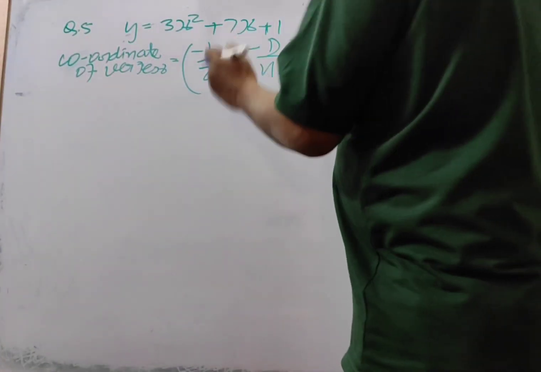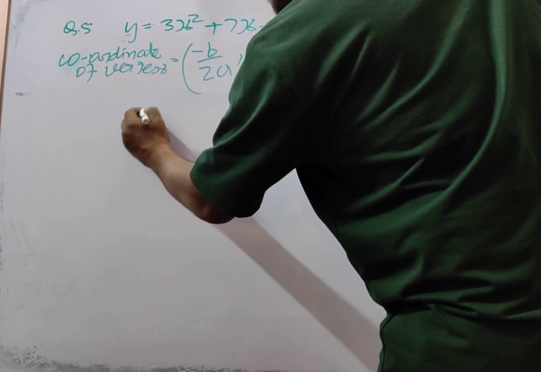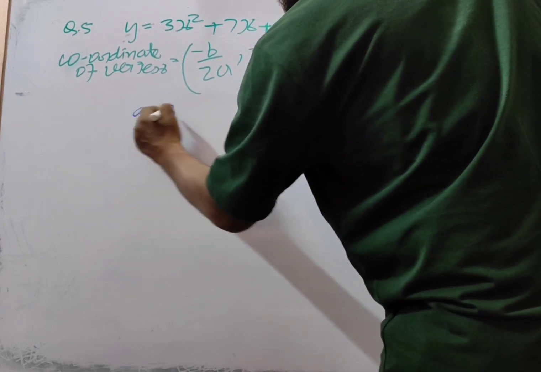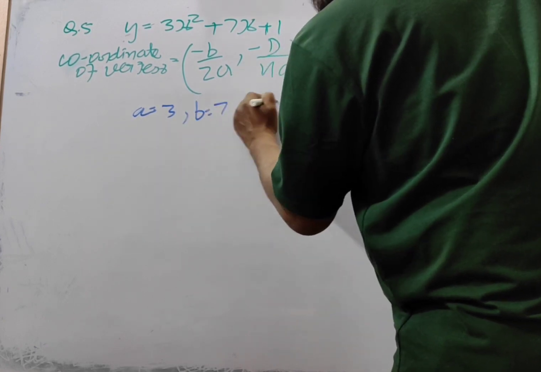So you know in this equation a is equal to 3 and b is equal to 7 and c is equal to 1, right?